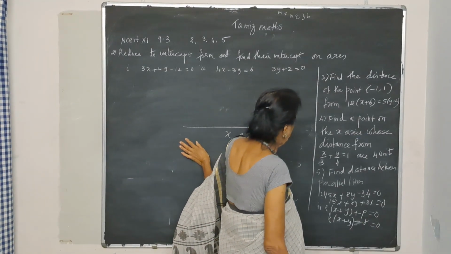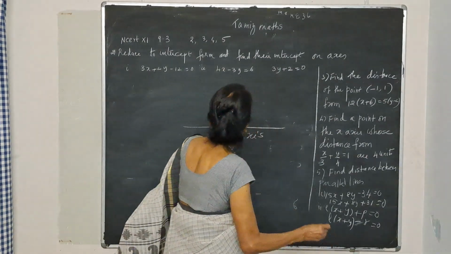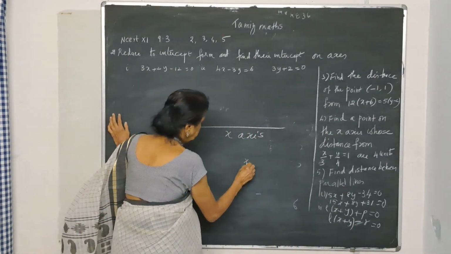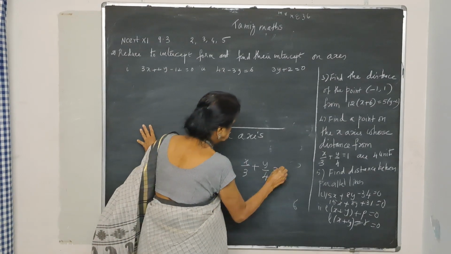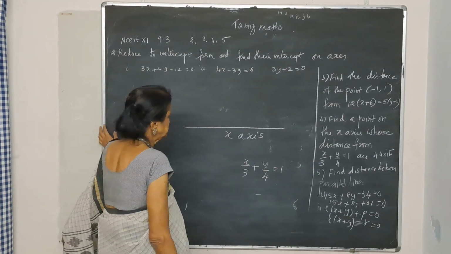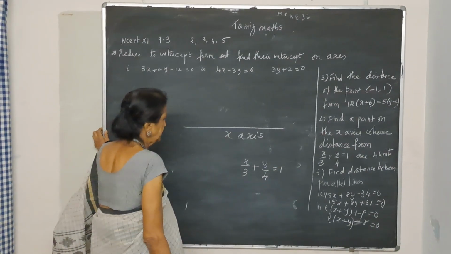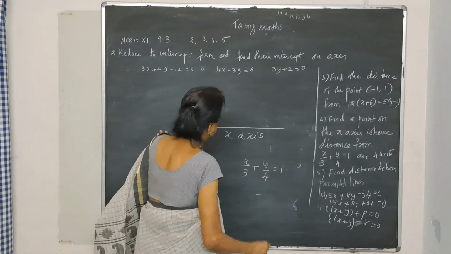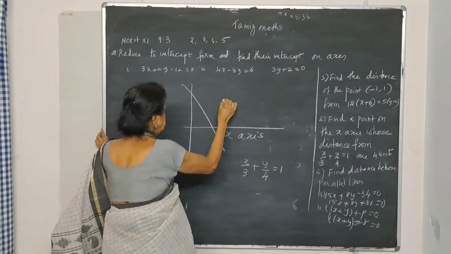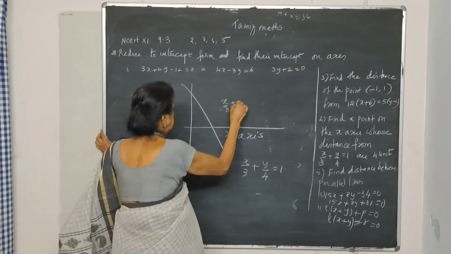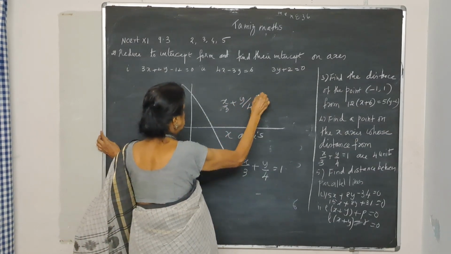The line is x by 3 plus y by 4 is equal to 1.